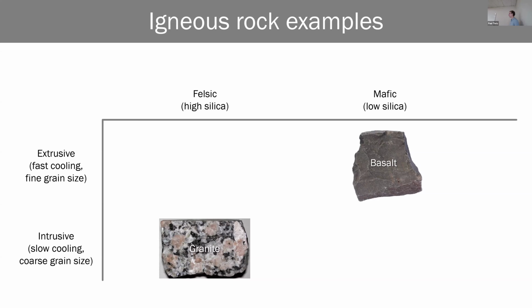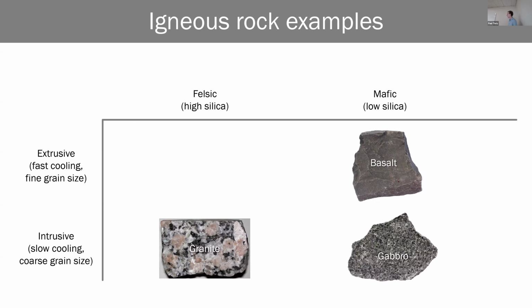But now if we're cooling slowly, if instead of erupting or extruding from Earth's crust, like our Columbia River basalts did, maybe some of this magma was just left behind and cooled slowly over time, it's going to have those large grain sizes the same way granite does. So our example rock for this is gabbro. Maybe it's shinier. Maybe you can see these individual grains, more similar to granite. Unlike basalt, you can see these grains in it.